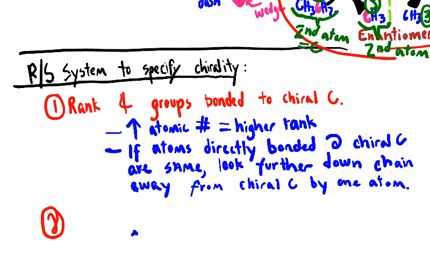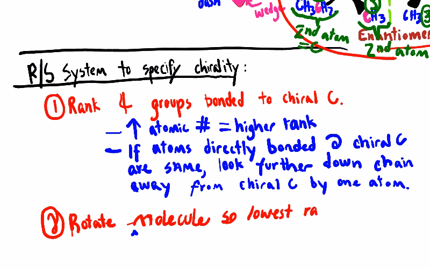So rotate the molecule if needed so that the lowest ranked group points away from you. In other words, if the lowest ranked group points away from you, it's what's going to be shown as a dash.